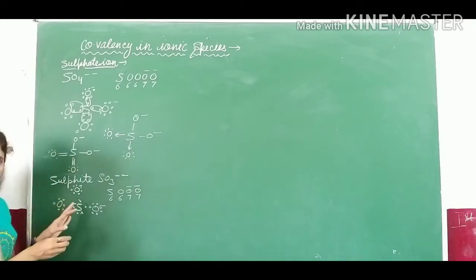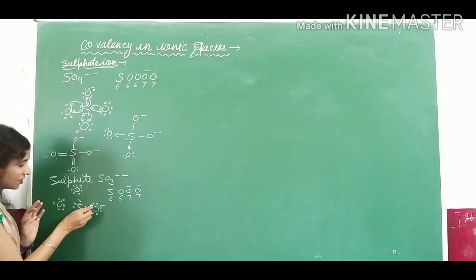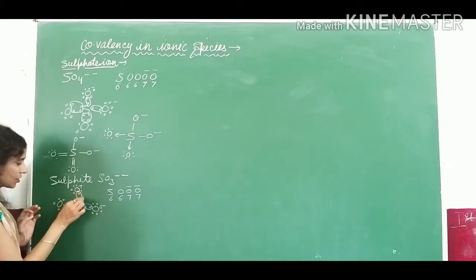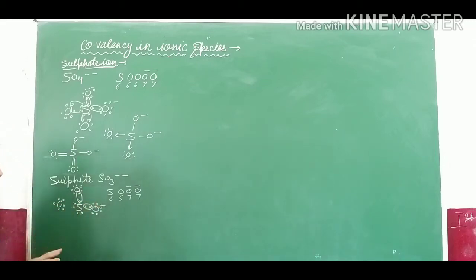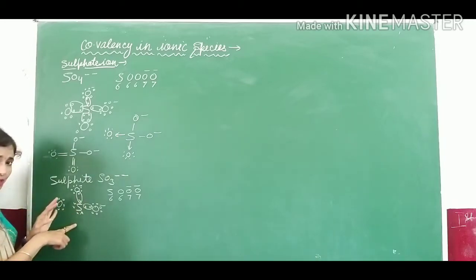So now sulfur has 6 electrons. They have 7. So it will share these 2 electrons with these 2 oxygens. Its octet is completed now. But what will happen with this oxygen? Because it has completed its octet. So here I am showing the case for the dative bond.